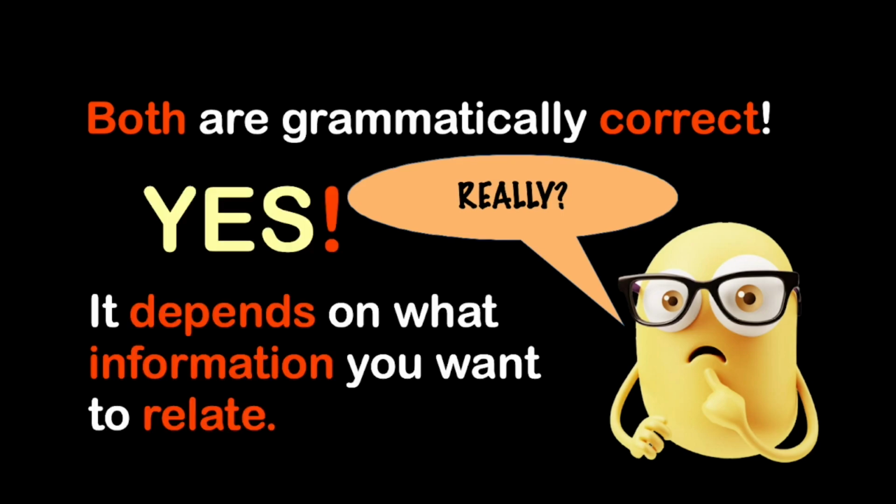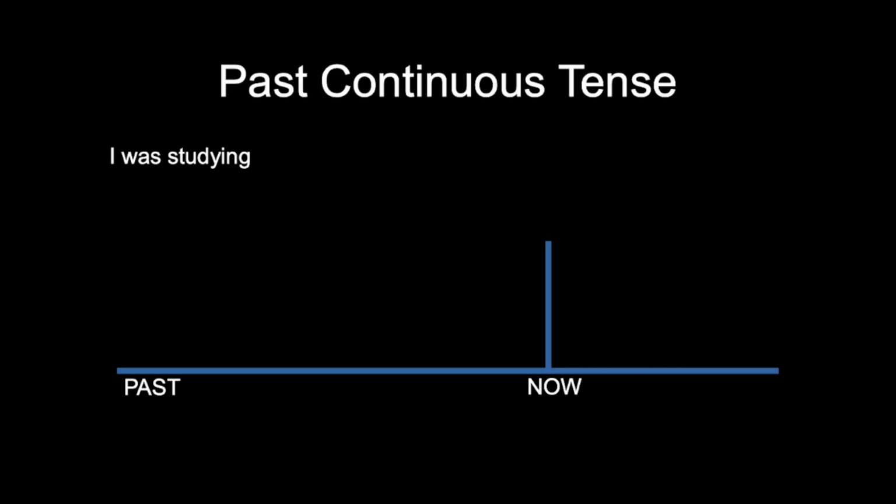So it really depends on what information you want to relate. For example, I was studying is in the past continuous tense and can be used when a continuous action was continuing, then was interrupted by another action in the past. I was studying when she arrived.